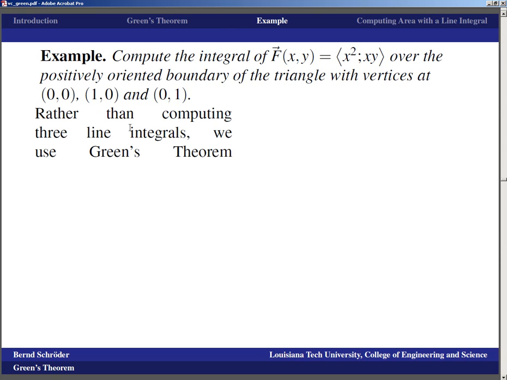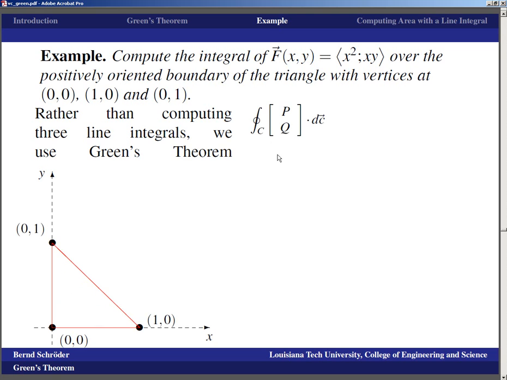Rather than computing three line integrals, because we'd have to have the segment going left to right, then right to left going up, and then back from the top down to the lower left corner, we use Green's theorem, which means we replace the line integral around the triangle with an area integral over the triangle D of dQ/dx minus dP/dy dA.